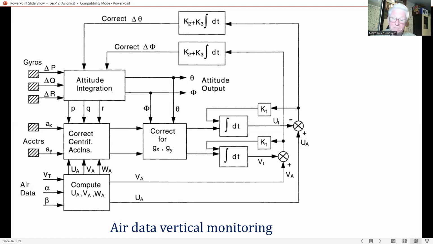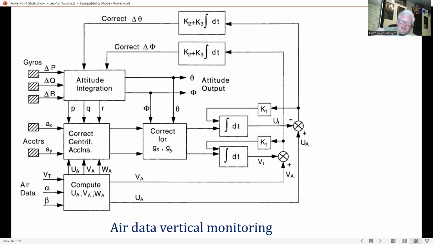The accelerometer bias errors are also assumed to be small. In this case, these tilt errors, delta theta and delta F, result in acceleration errors. Acceleration errors will be g times delta theta and g times delta F, assuming that delta theta and delta F, as I just mentioned, are small angles.